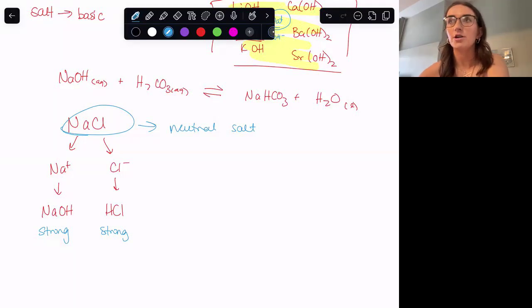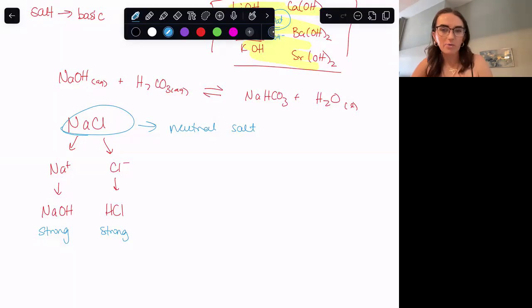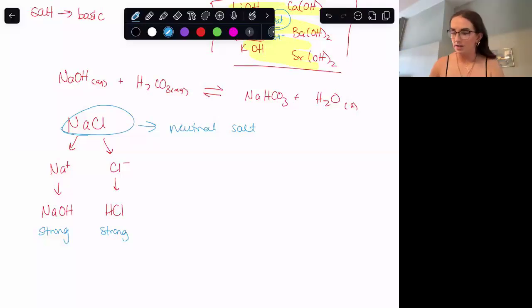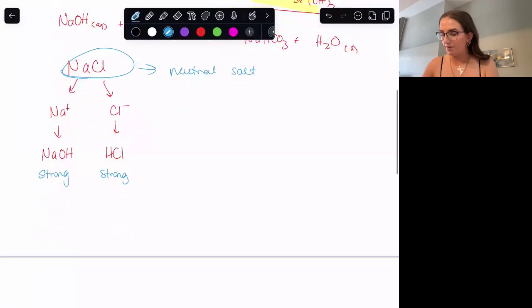If you are looking at a weak acid and a weak base, then you have to compare either both of their pKa's or both of their pKb's to see which one is the stronger acid or the stronger base. It gets a little bit more complicated. I think you will talk about that a little bit, but I don't think that's a question that you'll be asked about.